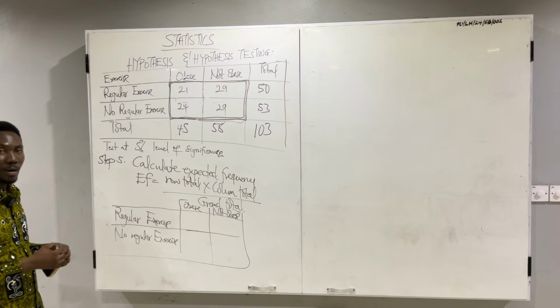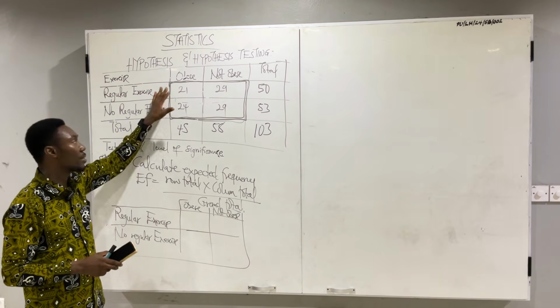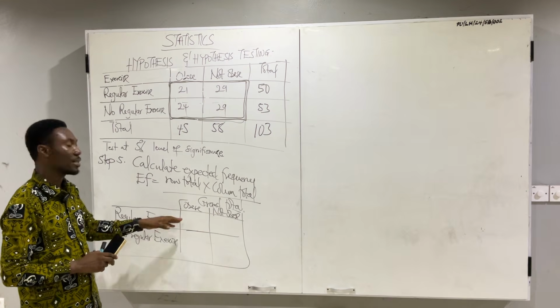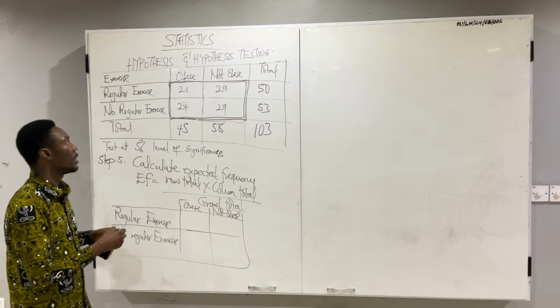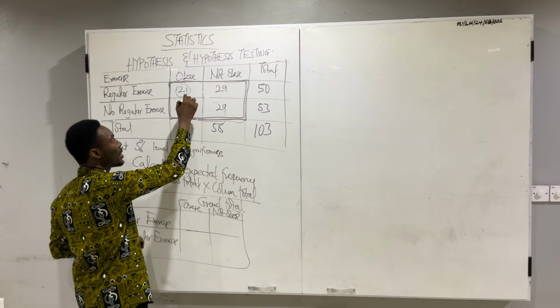Now, how do we calculate the expected frequencies? You are going to use the original table that was given to you in the question in calculating the expected frequencies. Now, if you want the expected frequency for this 21, the formula says row total.